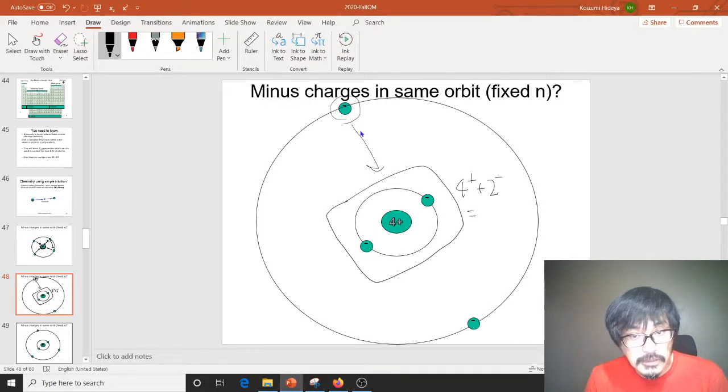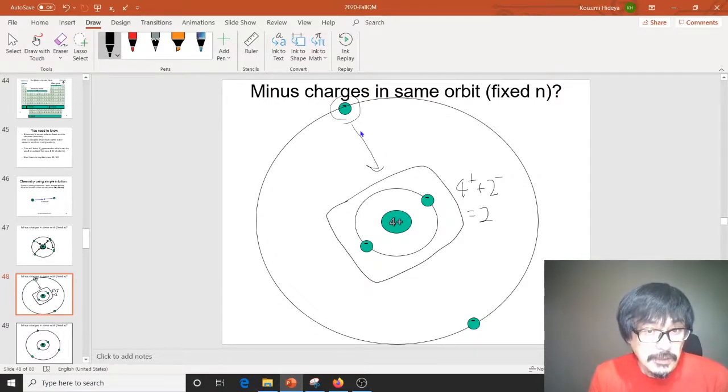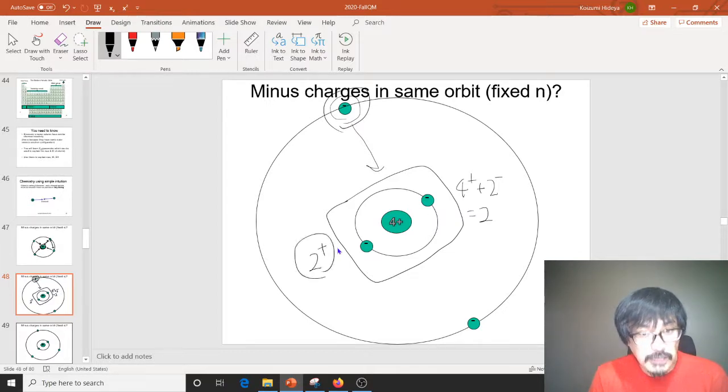So which is going to be a net charge of 2, right? So this guy right here is watching 2 plus in the middle of the orbit. Same goes with this one. This guy sees 2 plus charge in the middle.